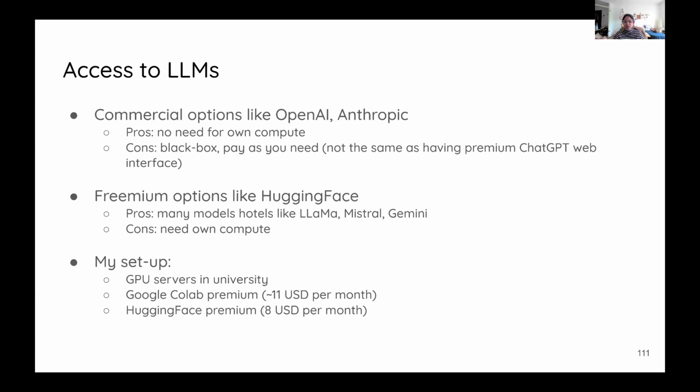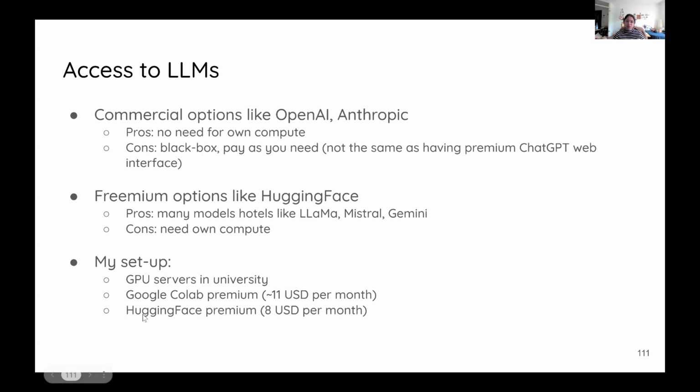And even for Hugging Face, for some of these bigger models, as we will see, you might also need to set up a Hugging Face account because some of these models are gated models like Llama 3 models and so on. They basically make you sign an agreement that you will not use it for any type of nefarious purposes. And so you have to accept that agreement by signing up on Hugging Face and then use the models after that. And yeah, you basically need your own compute, for example, university resources or Google Colab.